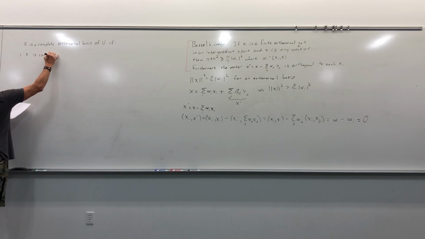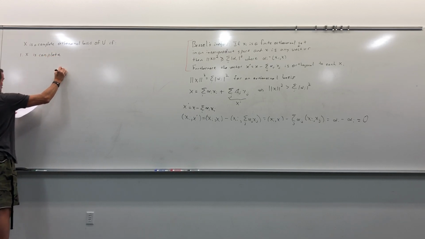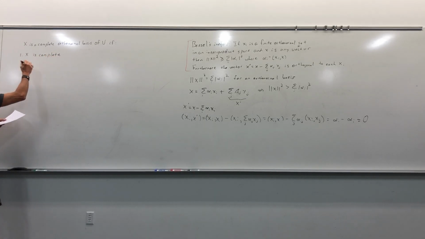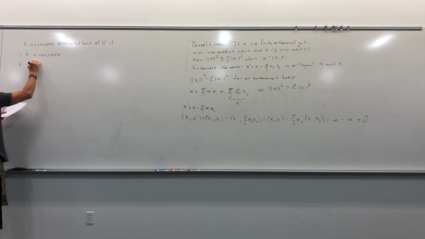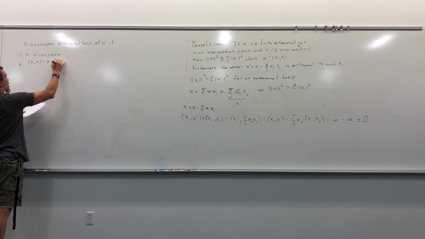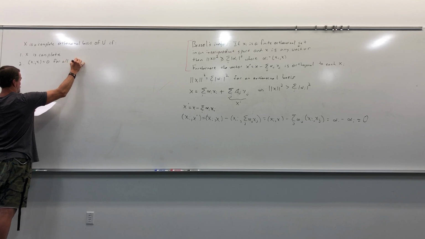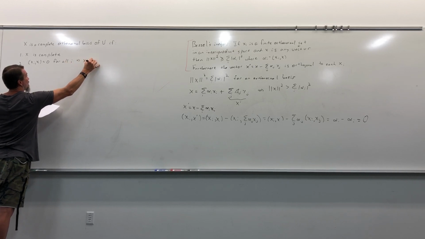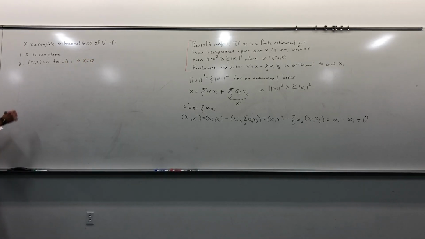X is complete. That is, it's not contained in a larger set. If the inner product of xi with x equals 0 for all i implies that x equals 0.